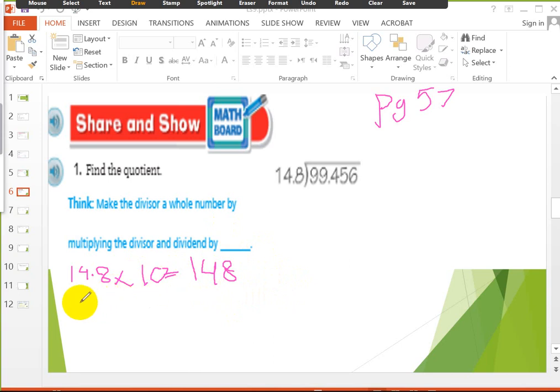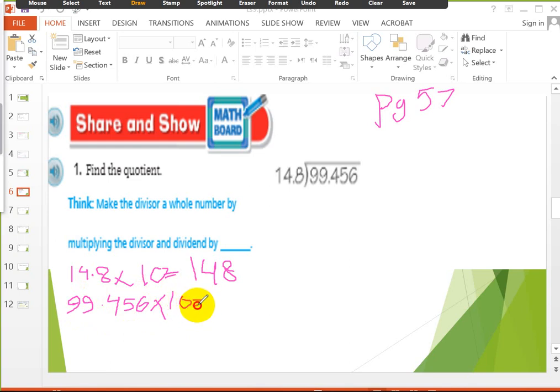But here I can't multiply the divisor only. I have to multiply the dividend also by the same number, and this is the basic fact that I have to use. If you multiply the divisor by a number, you have to multiply the dividend by the same number, so you have to multiply 99.456 by 10 also.